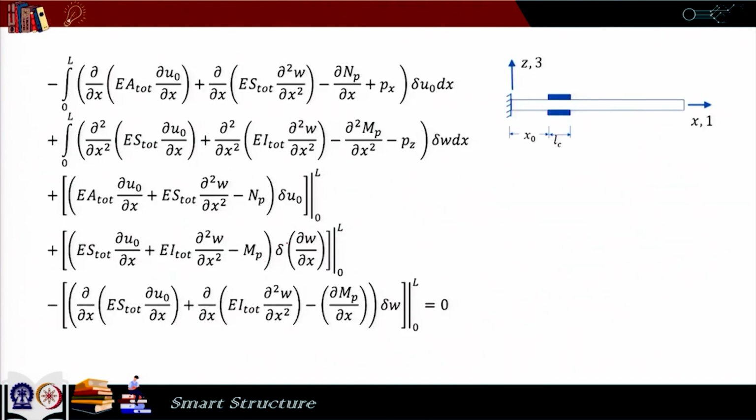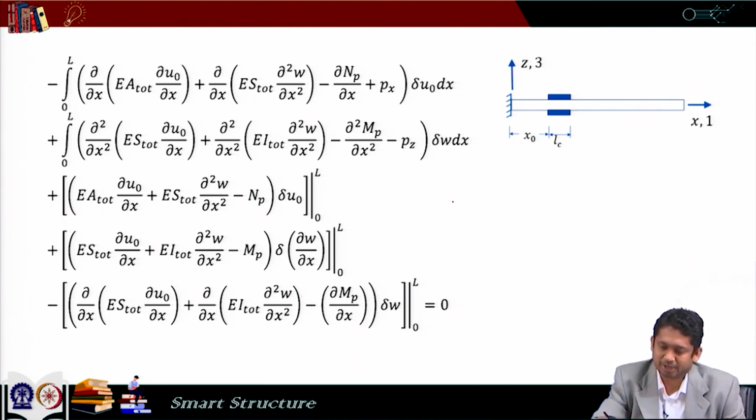So, if we separate out the components that are multiplied with delta of u 0, delta of w and delta of del w by del x, we get this. In this expression, we have these two terms that are integrated, whereas these three expressions are all defined at the boundaries.